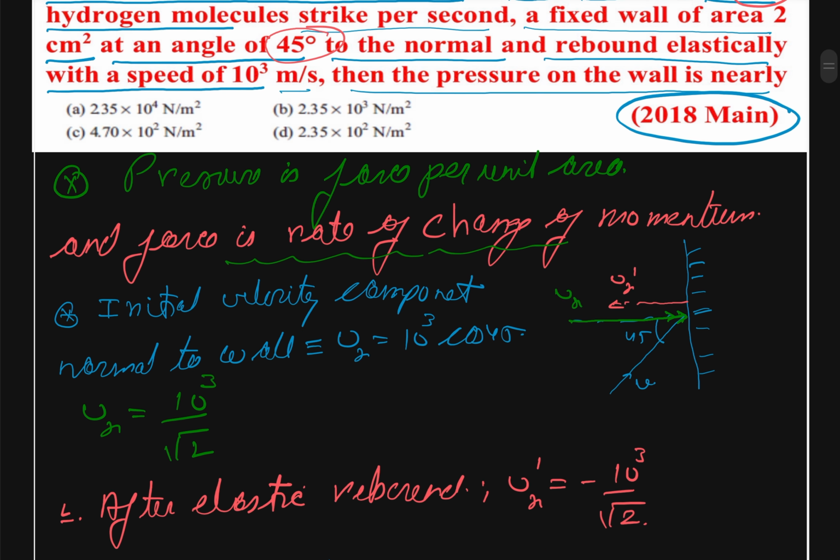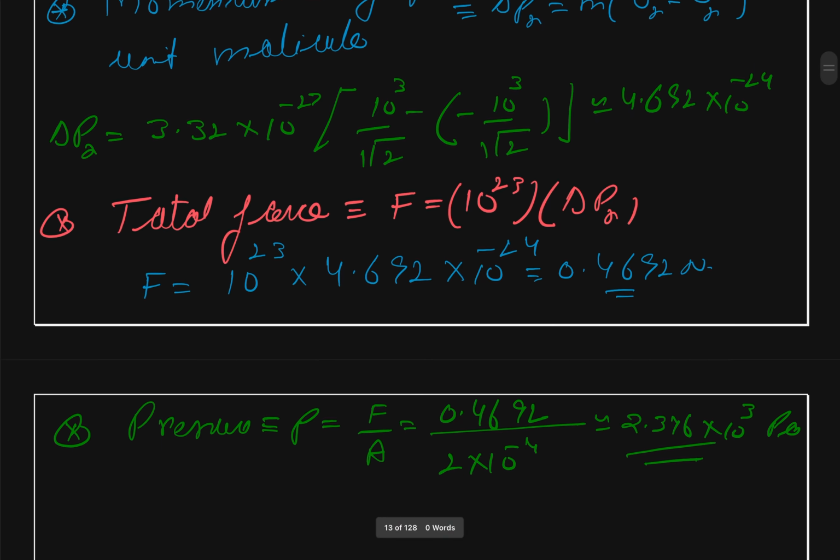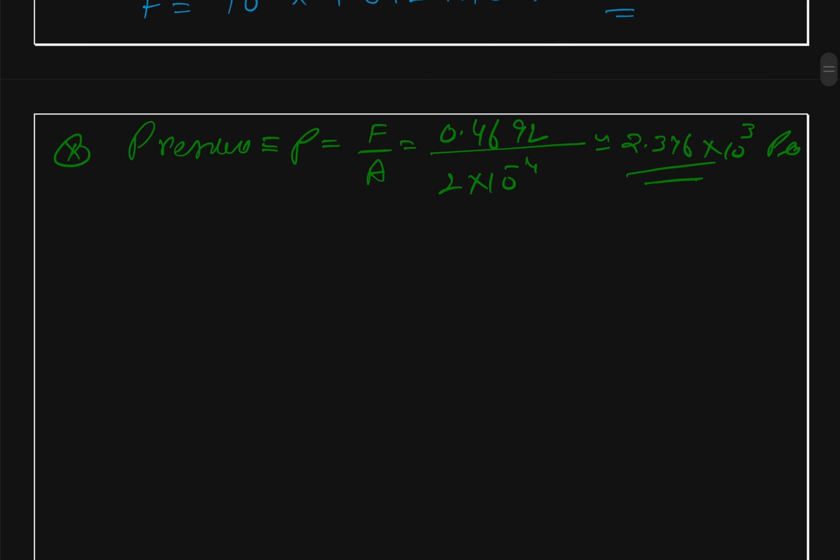So we get this as 2.35 into 10 to the power 3 pascals, Newton per meter square. So option B will be correct. B is correct. Next question.